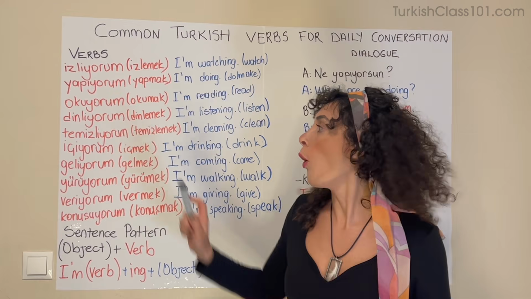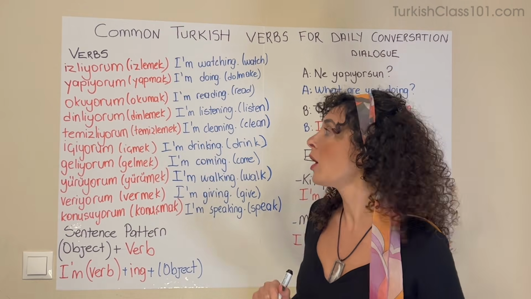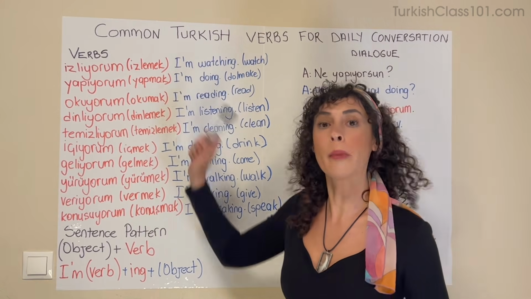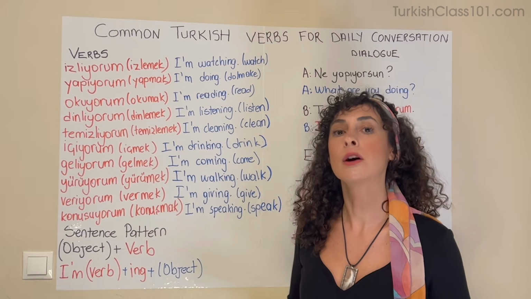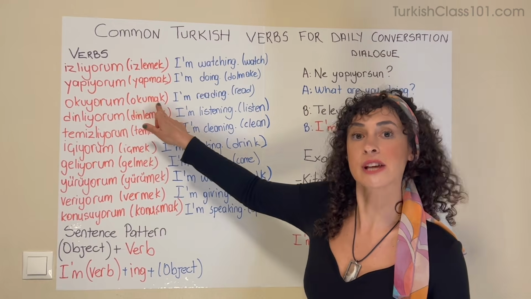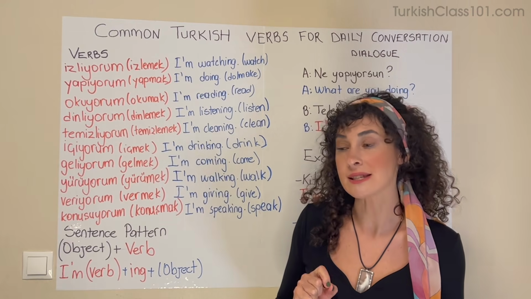Let's see the other example. Okuyorum. I'm reading. And let's look at the dictionary form. Okumak. Read. Again, you have to take the mak at the end before adding the suffixes.